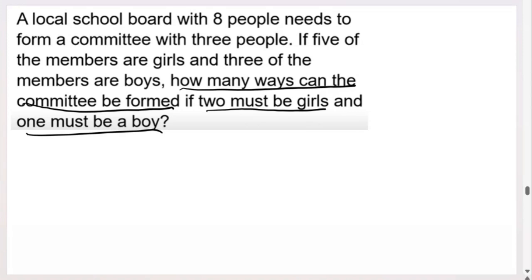We've got N equal to 8, the total number of people. What is this total made of? This total is made of 5 girls, and then you've got 3 boys.